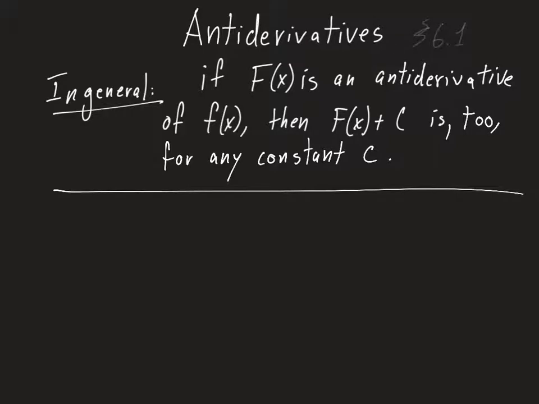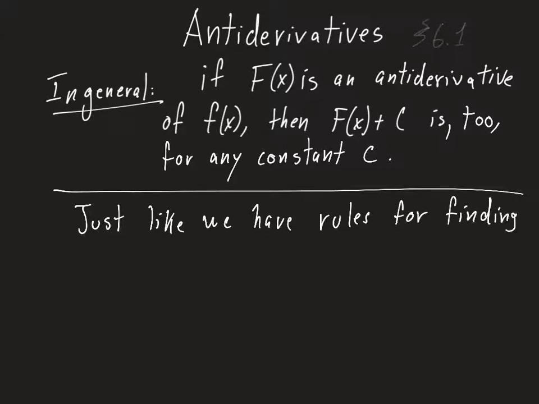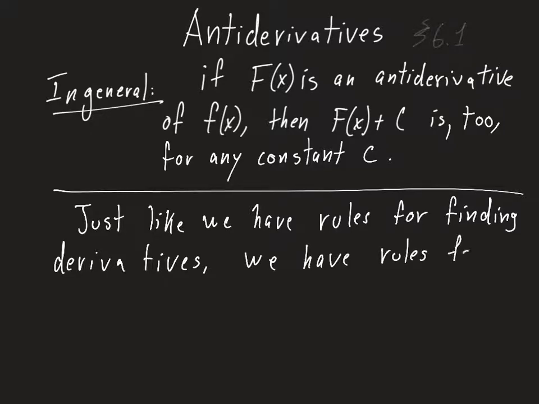Okay. And the last thing I want to focus on today, which is going to be a good amount to take in, but nevertheless, this is very analogous. Just like we have rules for finding derivatives, we're going to have rules for finding antiderivatives.